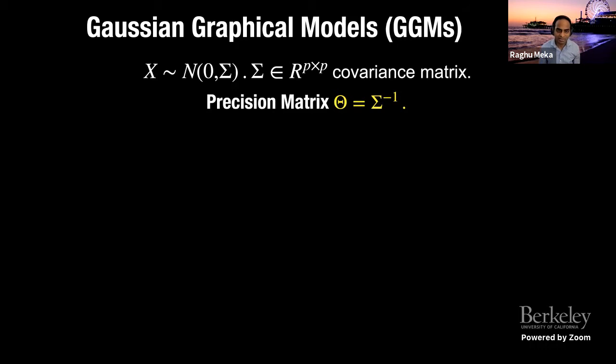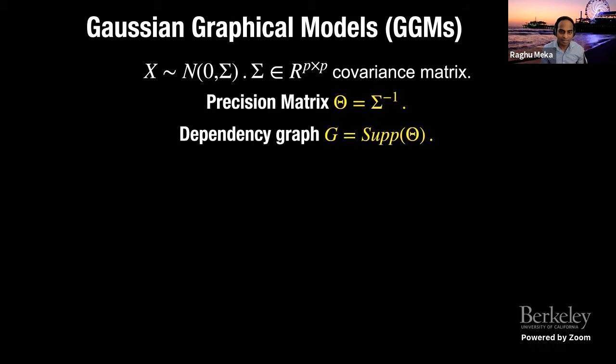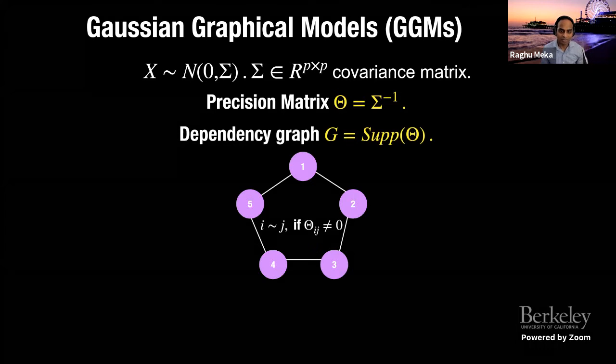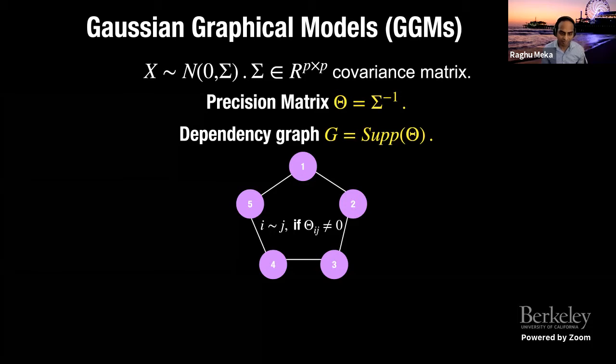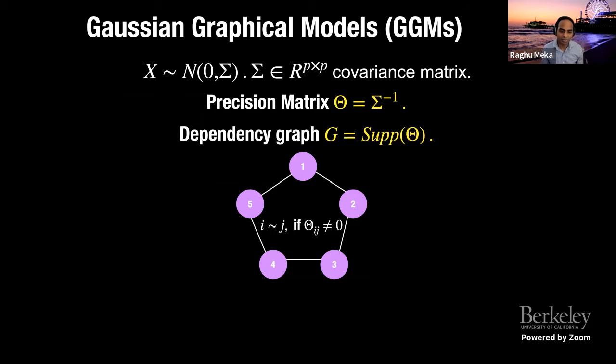So more concretely, suppose you have your precision matrix theta, which is sigma inverse, then the support of the precision matrix gives us the dependency graph. More concretely, suppose I build a graph where there are p vertices corresponding to each of the covariates, and add an edge between i and j if the corresponding entry in the precision matrix is non-zero, right?